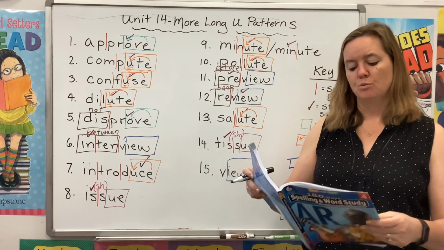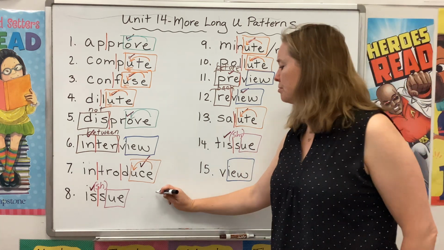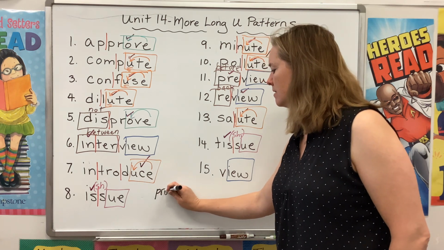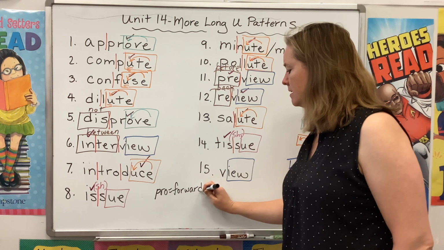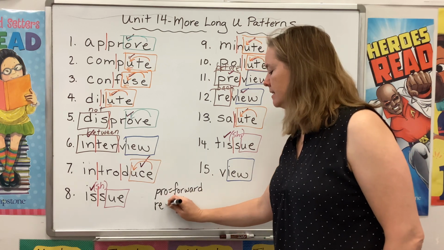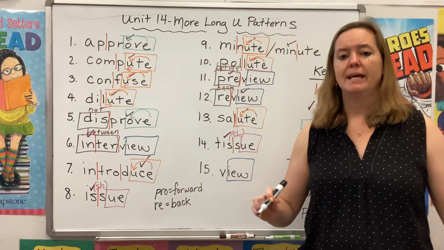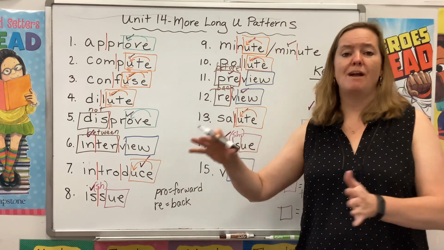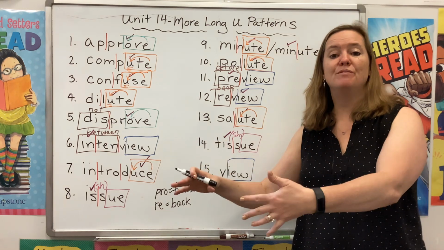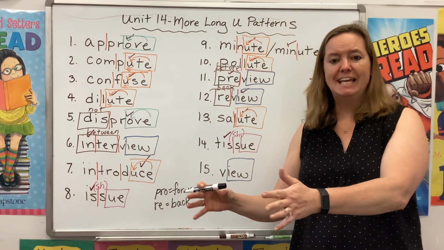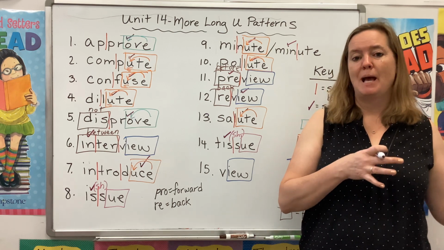They are re and pro. So pro means forward. Re can mean back. So if you progress or you make progress, it means you're moving forward, right? If you regress, it means you're moving backwards.